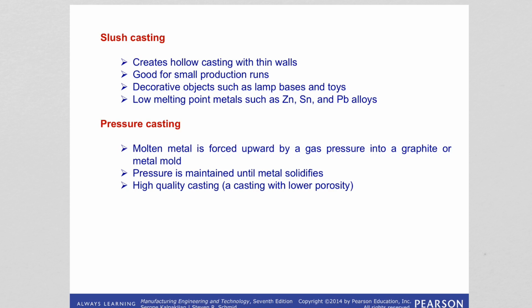Pressure casting is generally used for high quality castings like steel railroad car wheels, and these wheels can also be cast in sand molds and molds made out of graphite and sand.